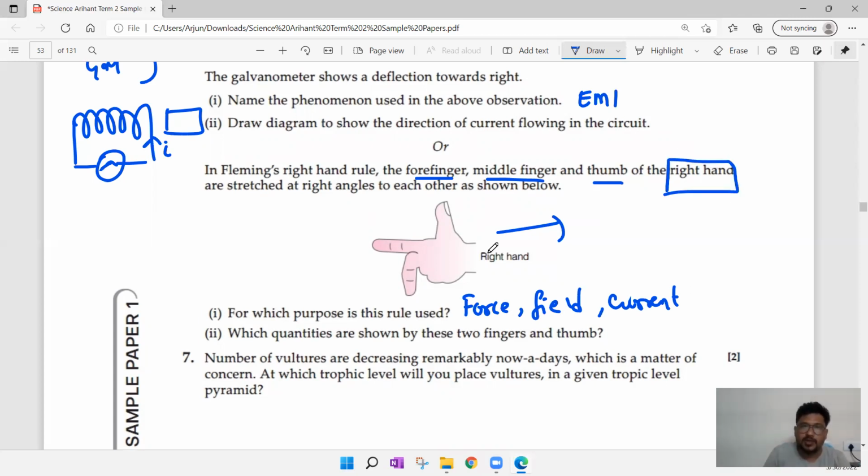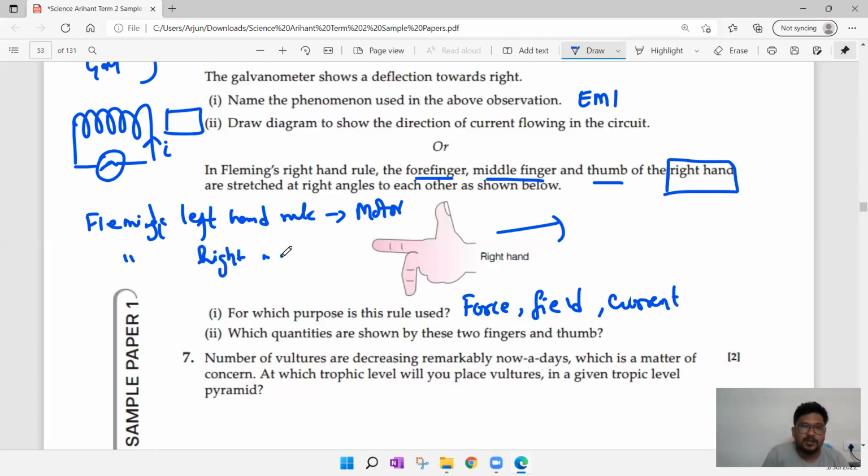So don't get confused. Fleming's left hand rule is used to tell about the working of a motor. Fleming's right hand rule is used to tell about the working of a generator.